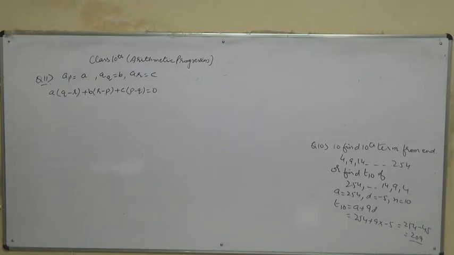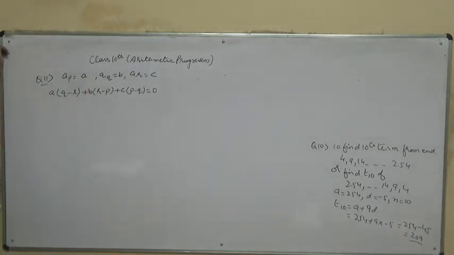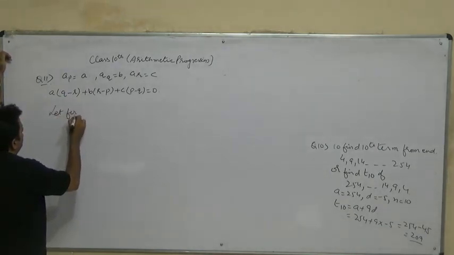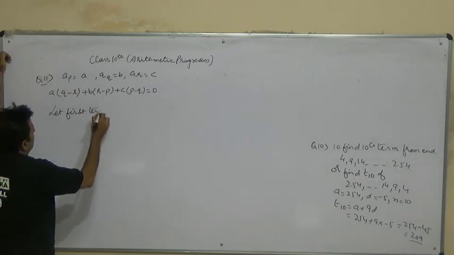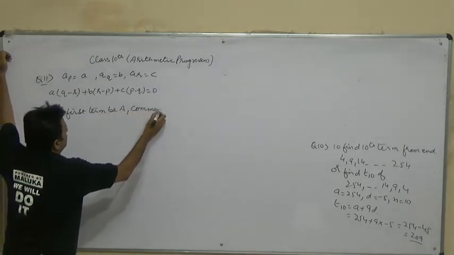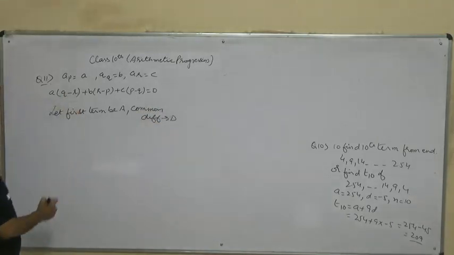So what we do here, we define the series, as we are using a, b and c here. Let the first term be A and common difference as capital D. So what we are given, we write again here.